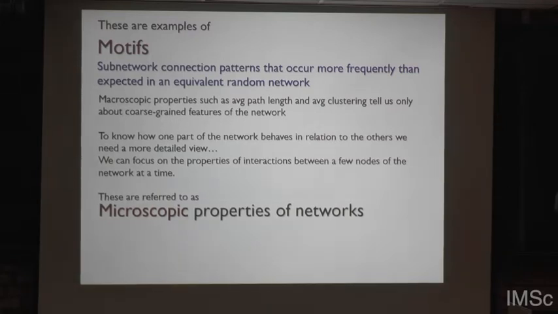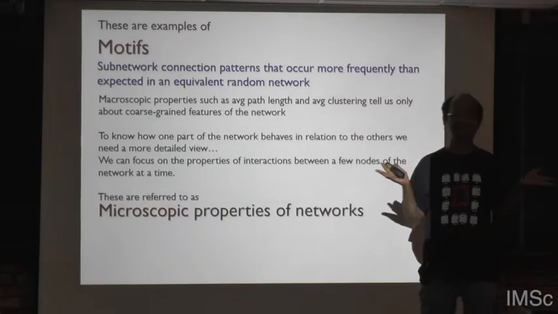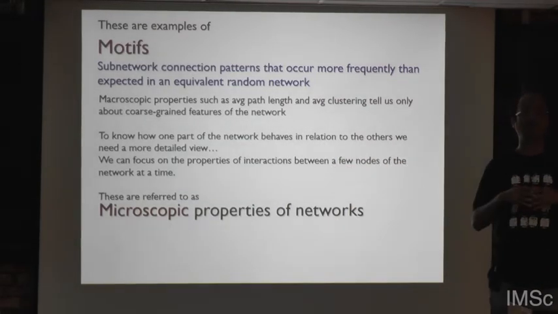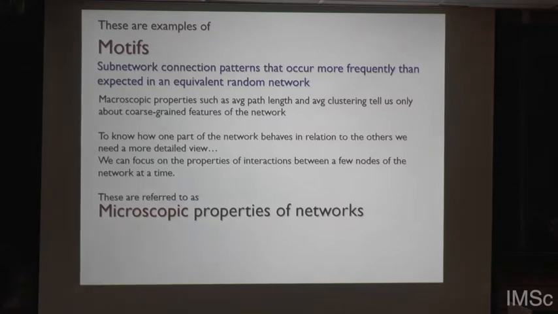So they could have properties which are manifested at a macro scale. So these are like the global path length, the average clustering coefficient, the degree distribution, and so on, which are properties of the network as a whole. Or they could have microscopic properties, which are properties associated with individual nodes like centrality, or small sets of nodes like the occurrence of motifs.